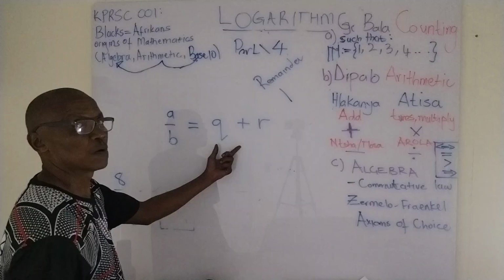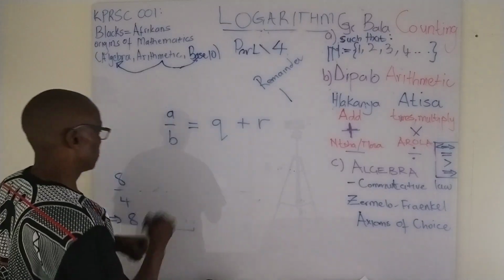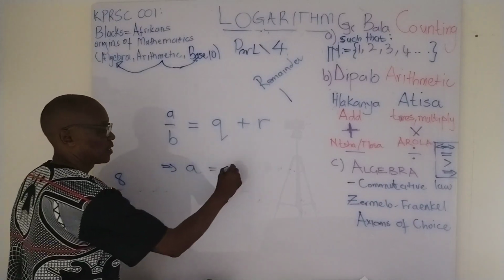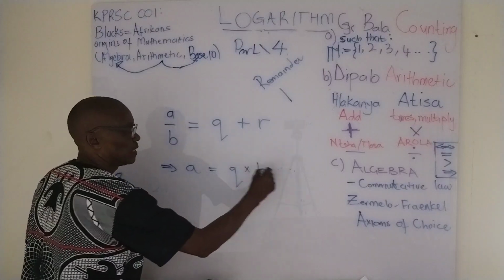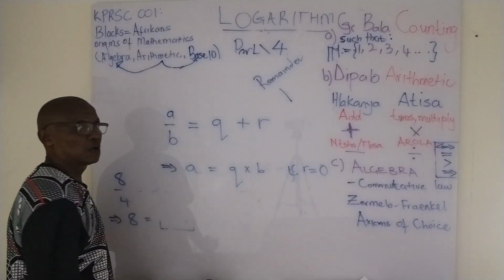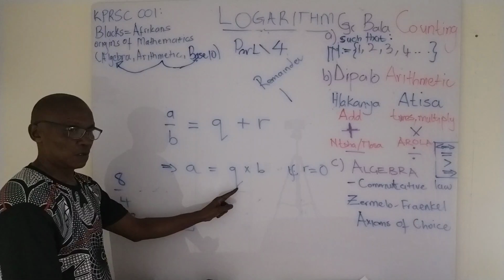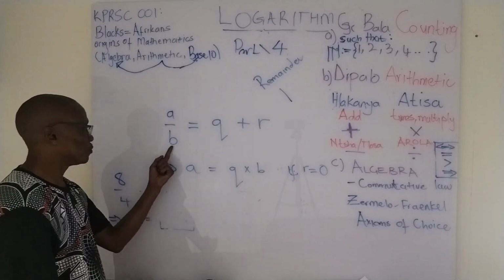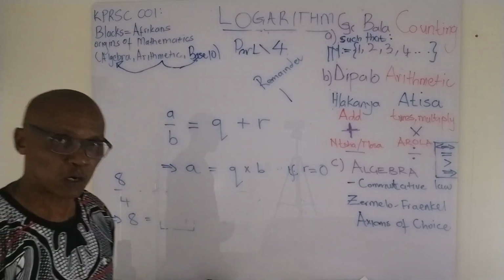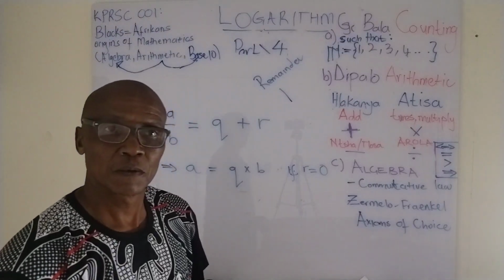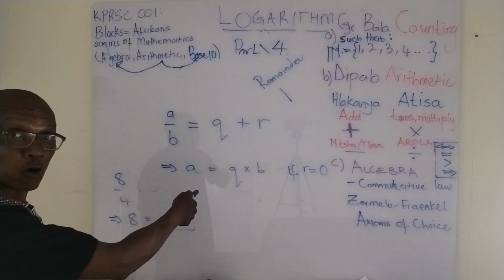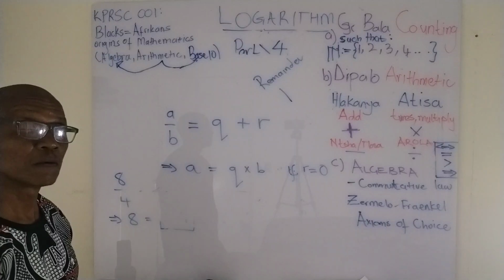Meaning it's Q. Therefore, we can write A as Q times B if R, the remainder, is 0. Meaning Q is a factor that gets produced by another factor. This is what you call long division. You've done long division.